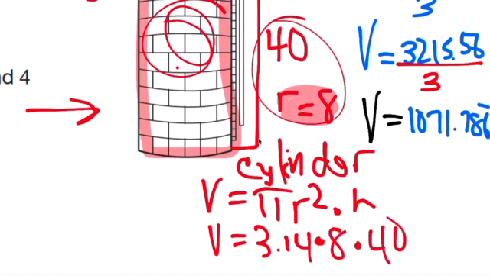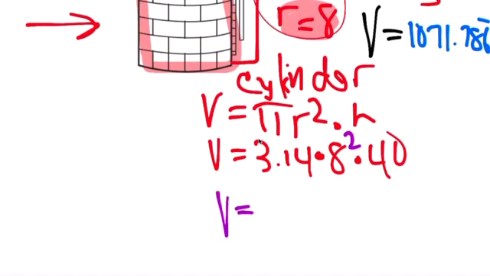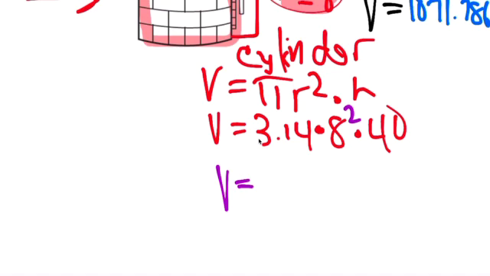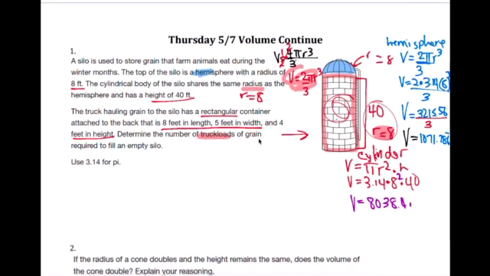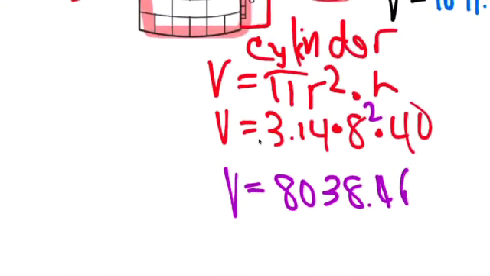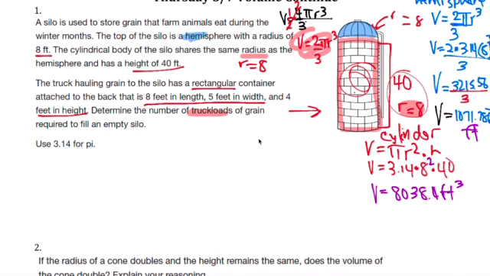And don't forget to square the radius. Use your calculator, you'll get the volume of the cylindrical container, 8038.4. What unit? Feet cubed. Okay, so this is also feet cubed.